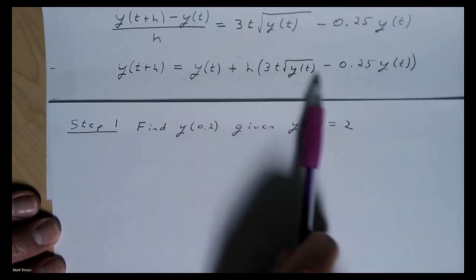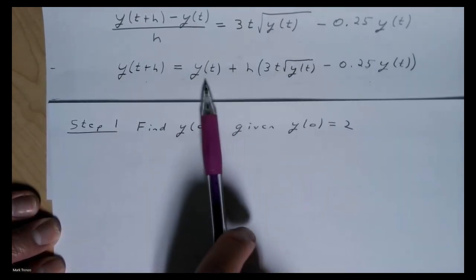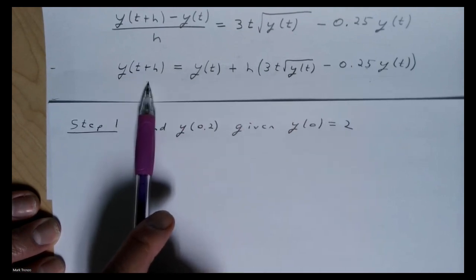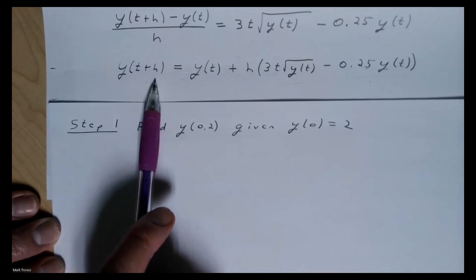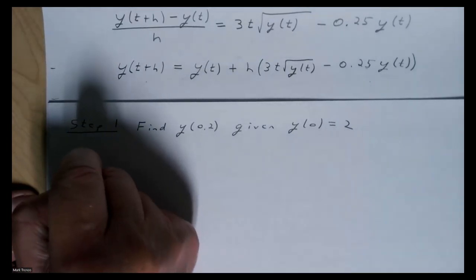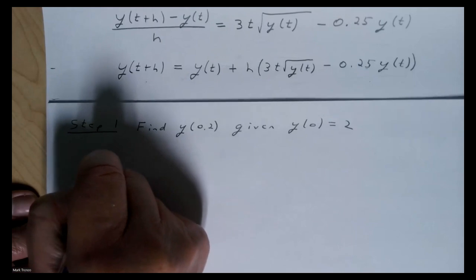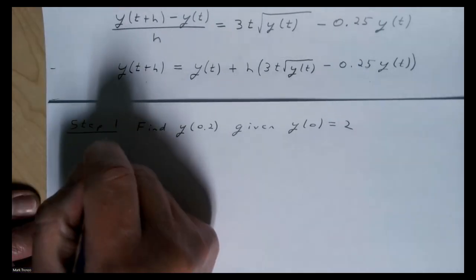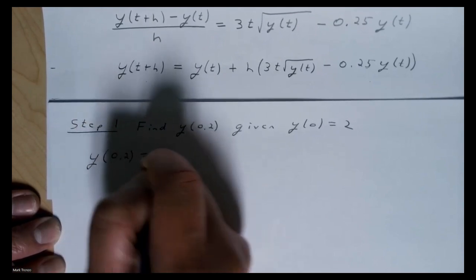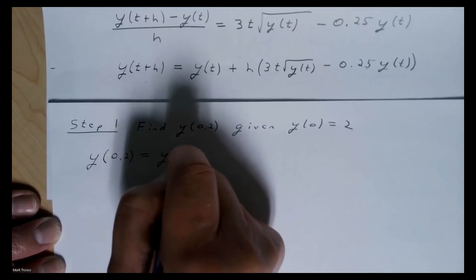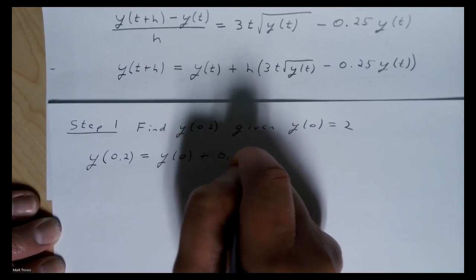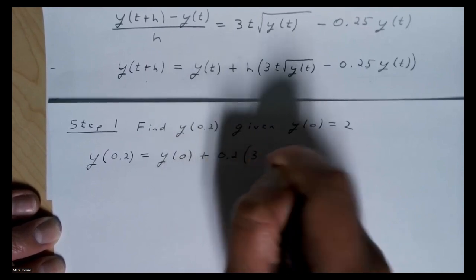So we're going to use our equation here. We're given y of 0. That'll go over here. And then we're going to solve for y of 0.2, which is going to be 0 plus 0.2. So let me now put the values in. Over here, this is going to be y(0.2). And on the right-hand side, y of 0, and our increment size is 0.2, and then 3.